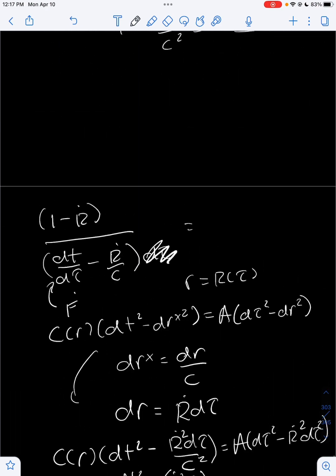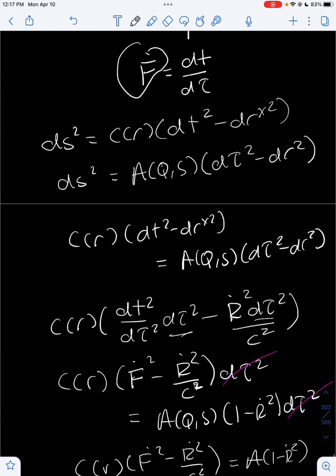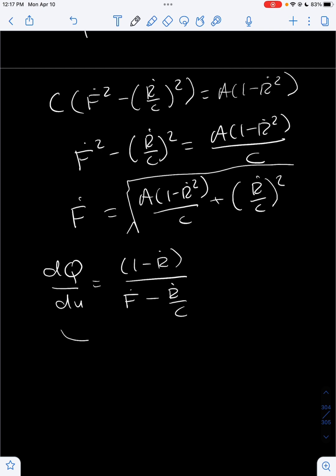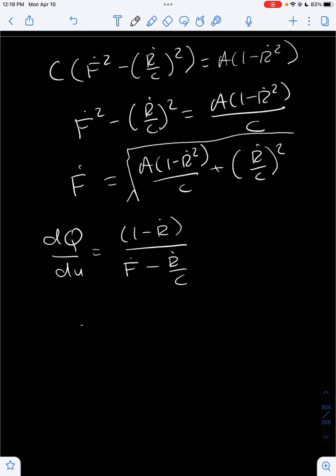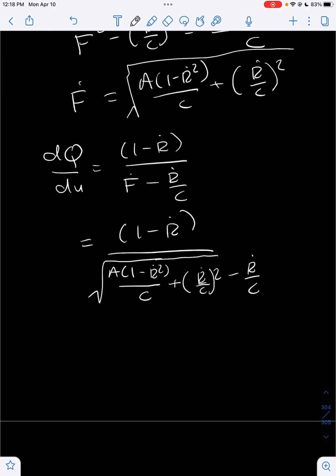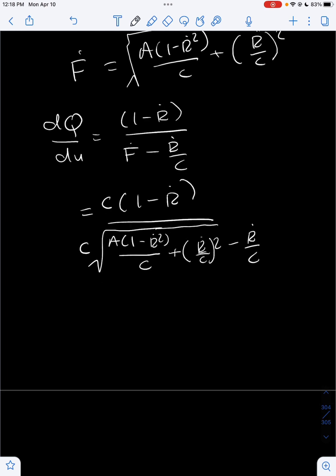Now remember that dq over du, we said it was this right over here, highlighted. We can just plug in the formula that we found for f. It's going to be pretty hefty, but it ends up being this. To make it less ugly, we can multiply both sides by c over c, which is just 1, and factor out this part.